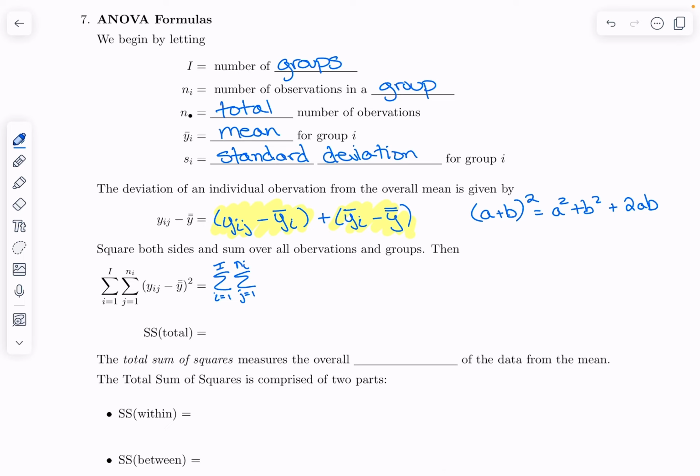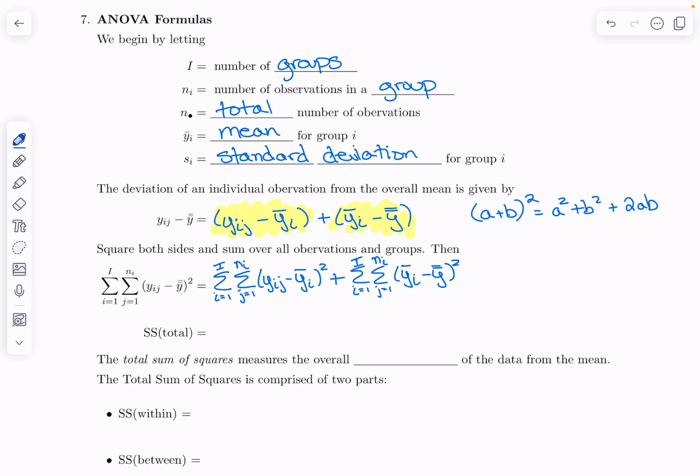Okay, and then the first part squared will be y sub ij minus y sub I bar squared. Okay, and then I'm going to keep writing these sums down. So the sum from I equals 1 to capital I, sum from j equals 1 to n sub I, so that's first the groups, then the individuals within the groups, and I'm going to sum y sub I bar minus y double bar squared.